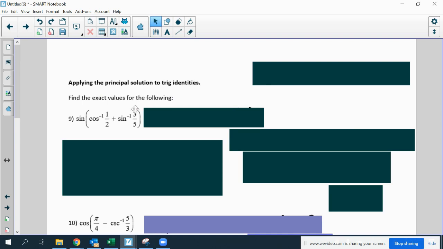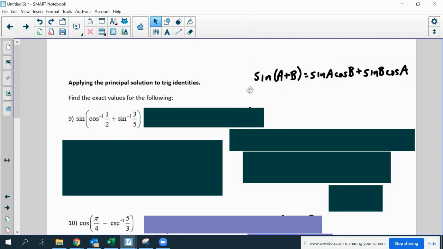Now, if we're going to find the exact values for these things using trig identities, in this case, this looks like sine of a plus b, except a and b are not given in terms of angles, they're given in terms of these inverse functions.